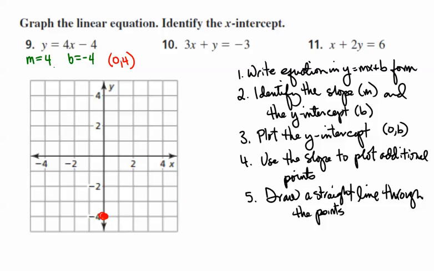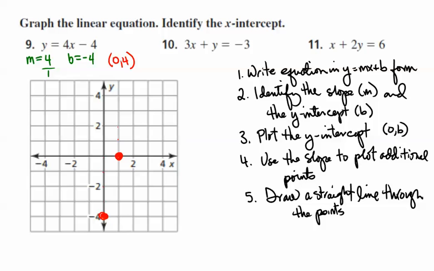When you're actually plotting, you may want to make sure that you have a fraction there. If it's a whole number, you just divide by 1. What that tells you to do is to go up 4, 1, 2, 3, 4, and over 1, and we would have another point there. We could continue to do that.